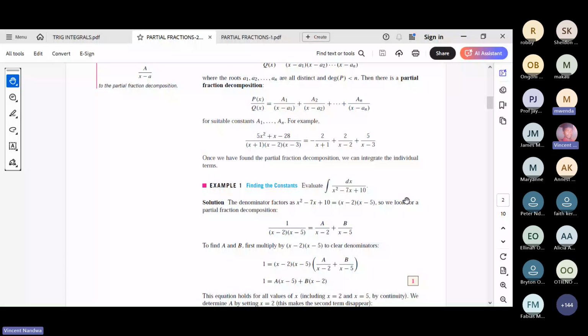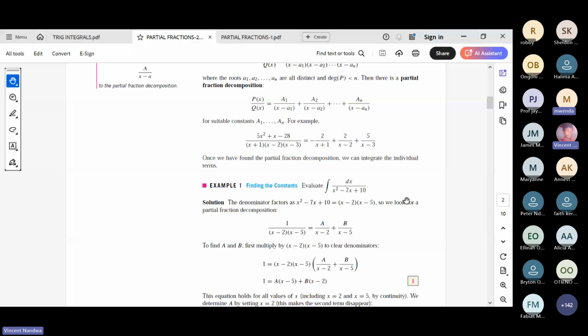Then ask yourself, how many times does x minus 2 divide the LCM? x minus 5 times. So we'll have A into x minus 5, plus. How many times does x minus 5 divide the LCM? x minus 2.